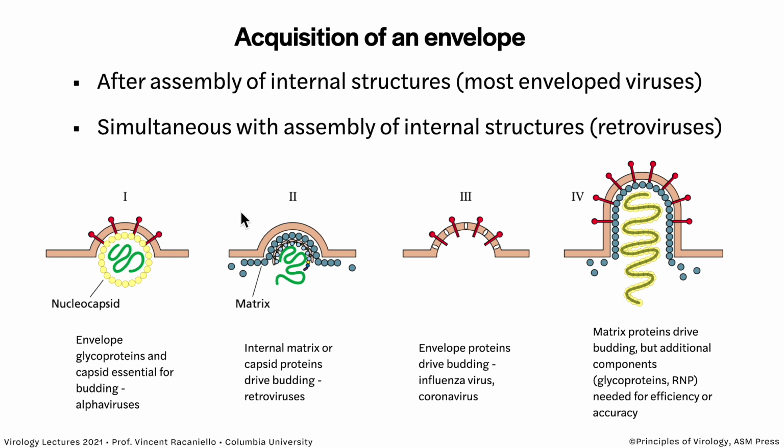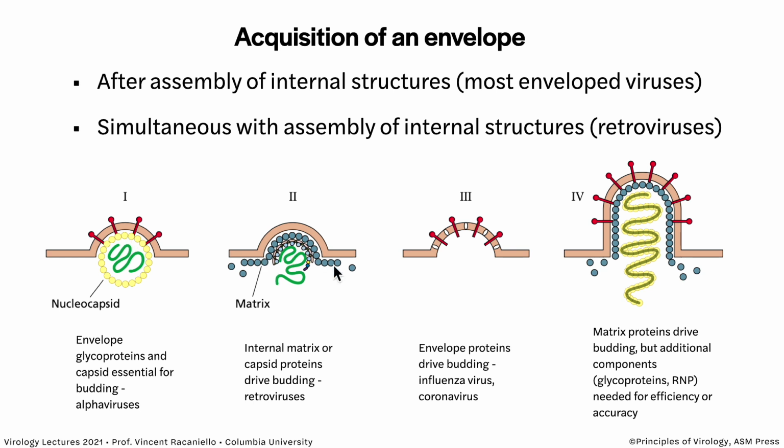And what drives budding? Well, one thing that drives budding, of course, are viral proteins. And in some cases, it's the envelope and the capsid which drive budding. So if you just make the capsid and envelope proteins in a cell, they will make buds, even though there's no genome in them. Sometimes the matrix protein.